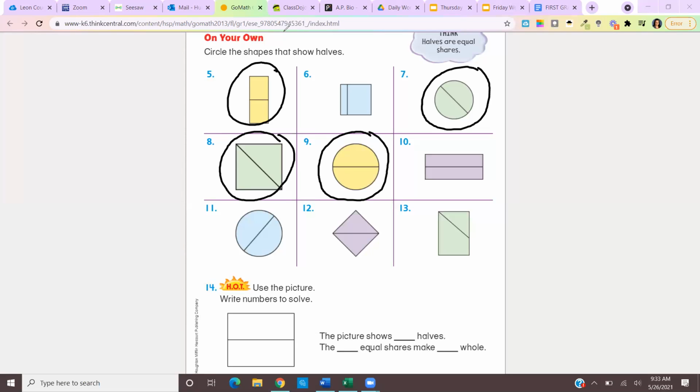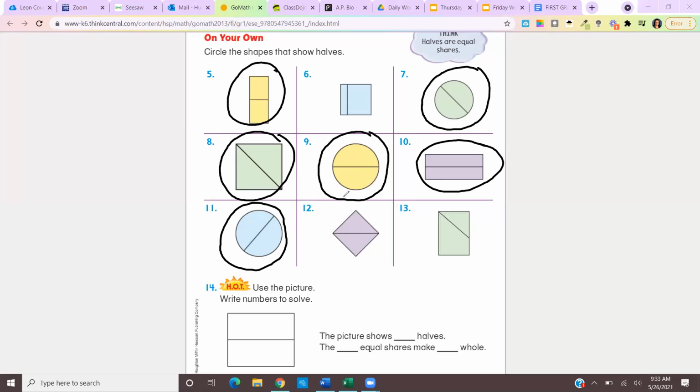Does number 10 show halves? Yes. Number 11, does number 11 show halves? Yes, and don't let them trick you guys. They're just showing you circles in different ways. So numbers 11, 9, and 7 are all circles.